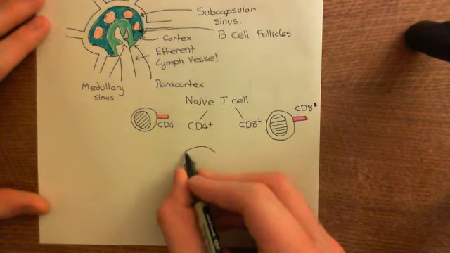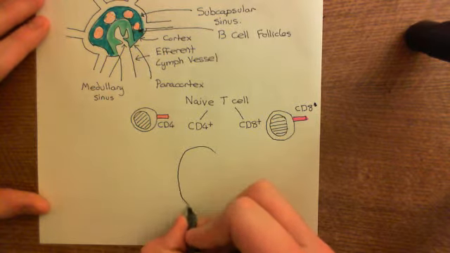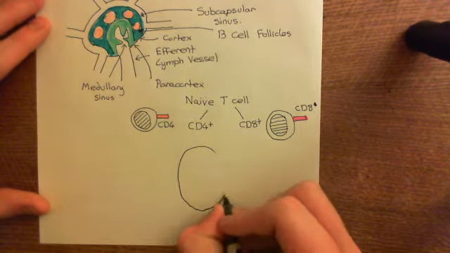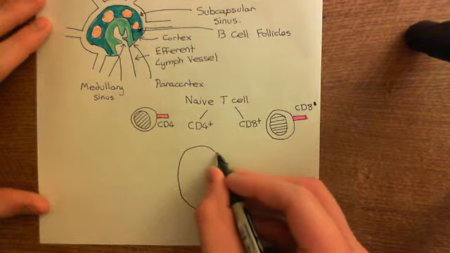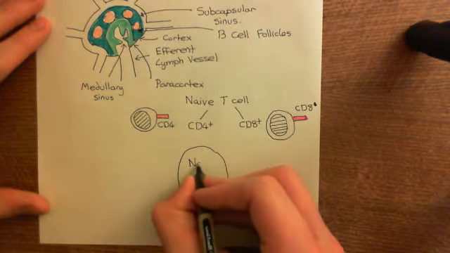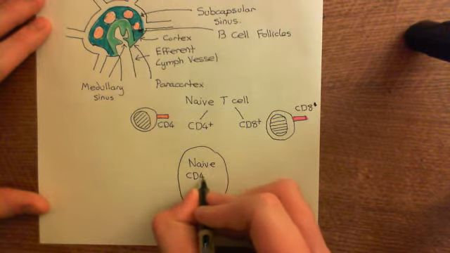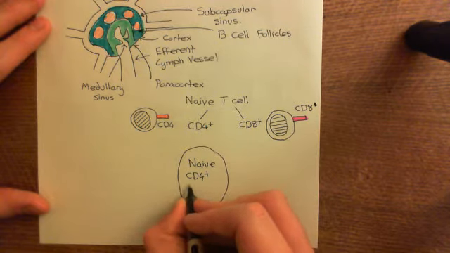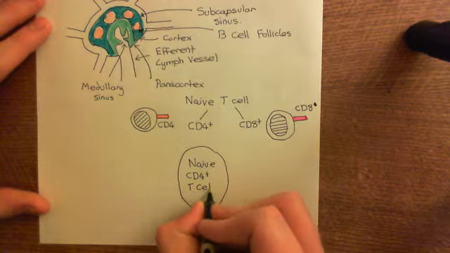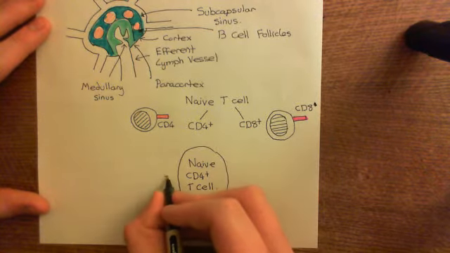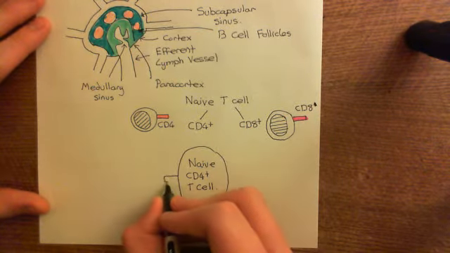Instead, every naive CD4 positive T cell has its own T cell receptor. So let's say this is our naive CD4 positive T cell. If you look at one and then look at another one, you'll find that they differ in a certain protein on their surface.